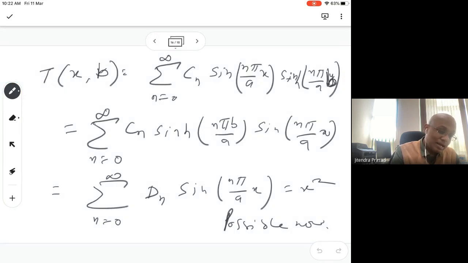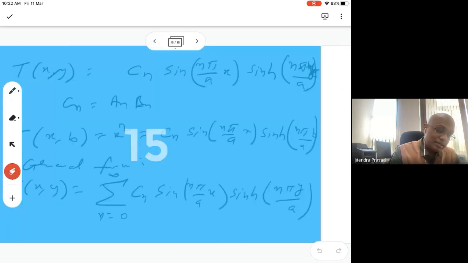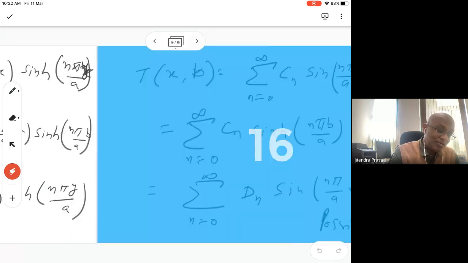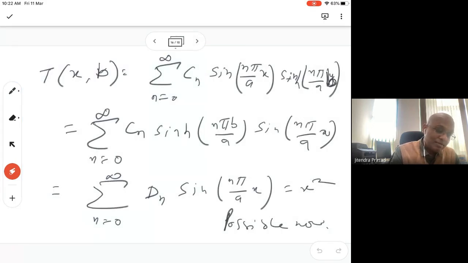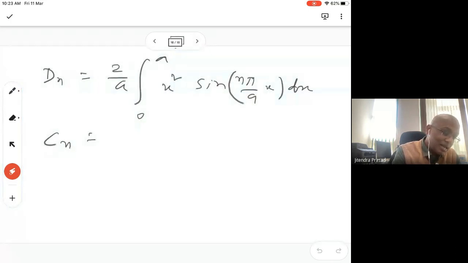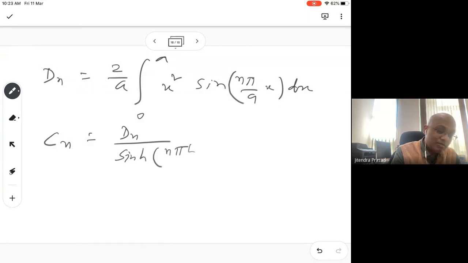Cn multiplied by this is Dn, so Cn will be Dn divided by sinh n pi b over a.